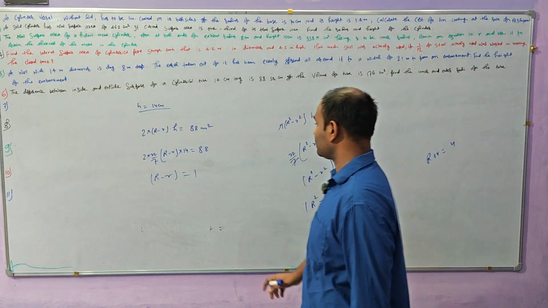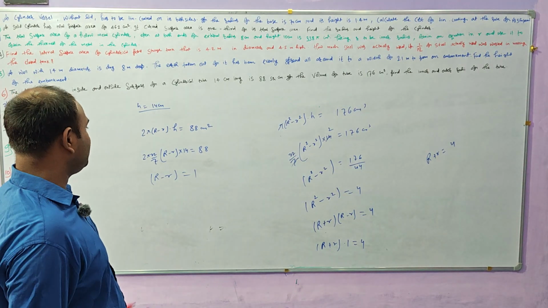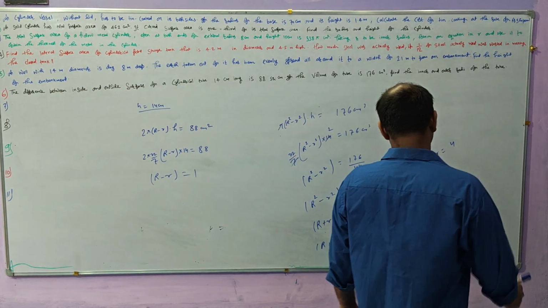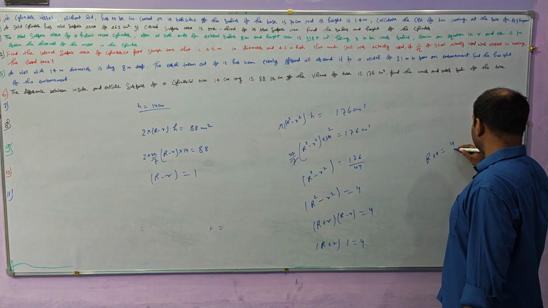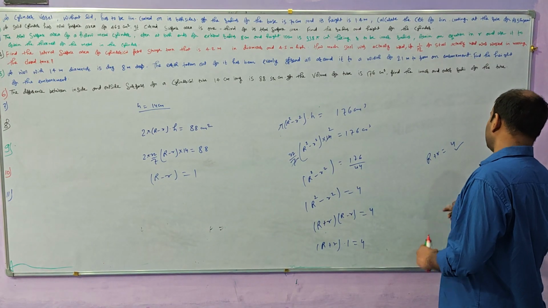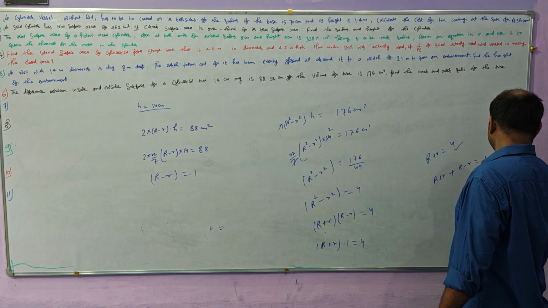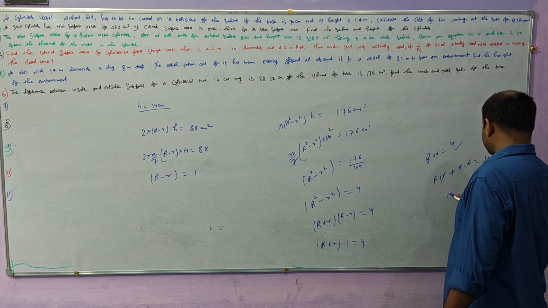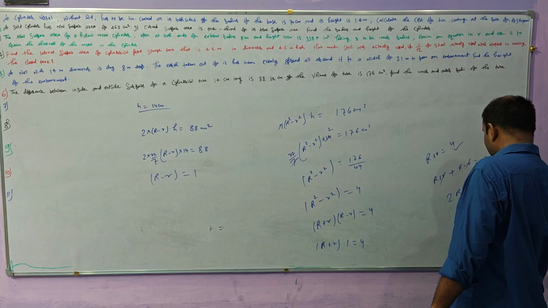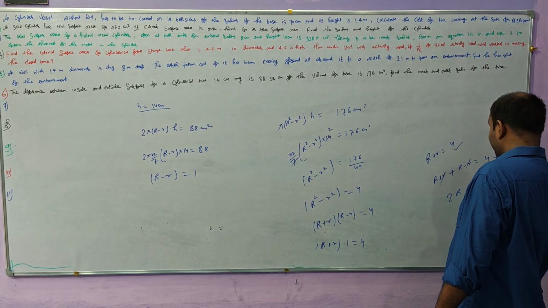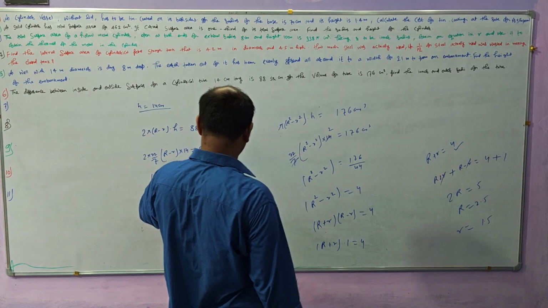Basically we have two equations and we can solve them, or directly add: R plus r plus R minus r is 4 plus 1. The r cancels, 2R is equal to 5, R becomes 2.5, and r becomes 1.5. R minus r is 1, so 2.5 minus r is equal to 1.